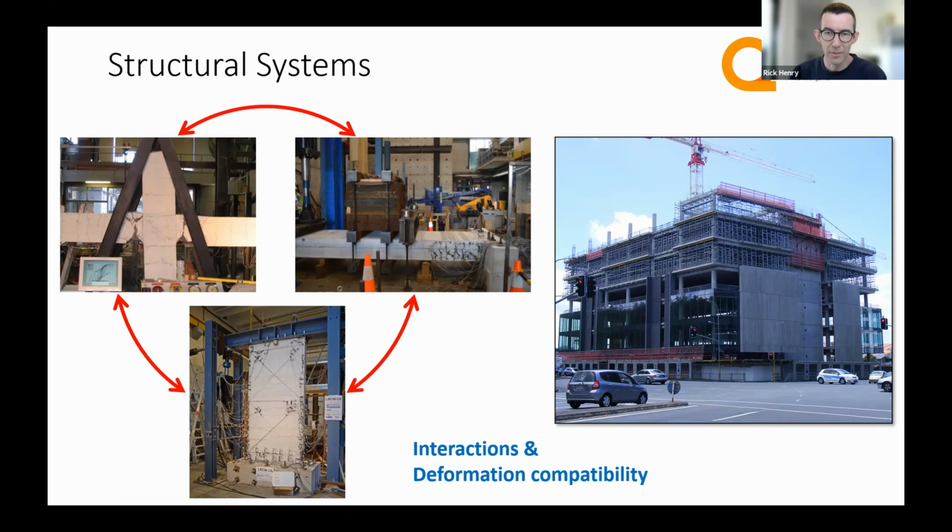So when we look at a building, it's perhaps more important to think about how these individual components interact, and particularly the deformation compatibility between them, because they essentially have to act as a single system when the earthquake results in demands on that building, and it's the system response which is going to be crucial to understanding its performance. And so we're moving more in that direction as we conduct our research, and that's driving a lot of what we do in Discipline Theme 2.